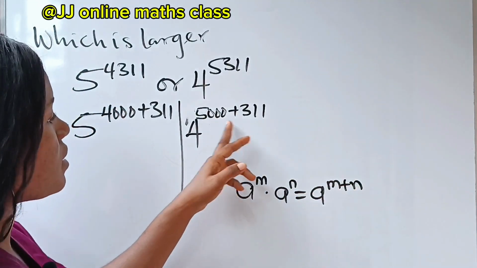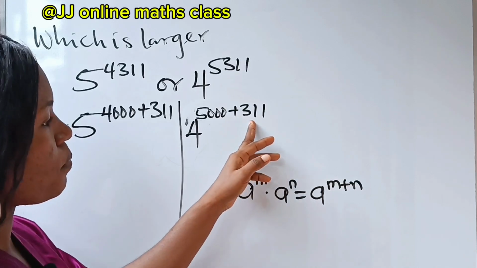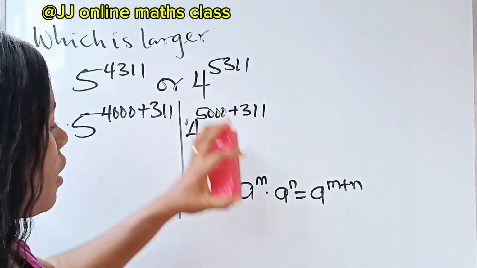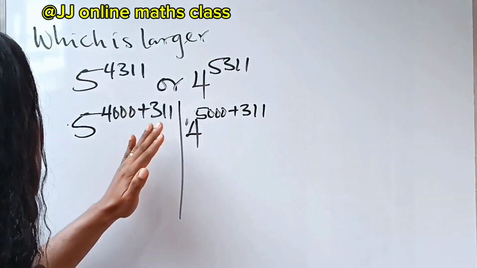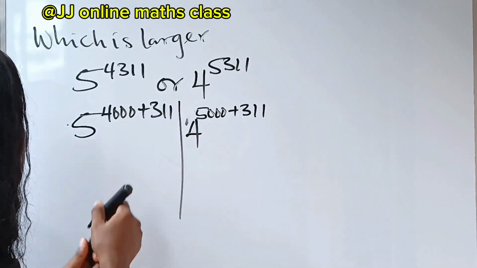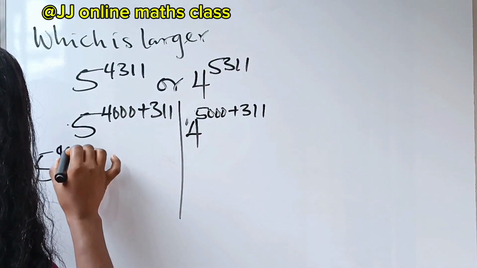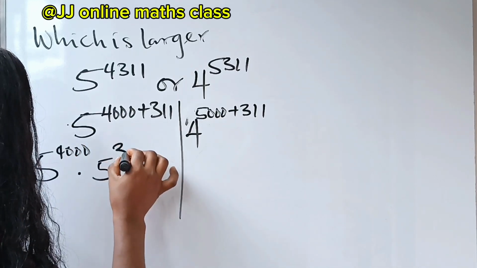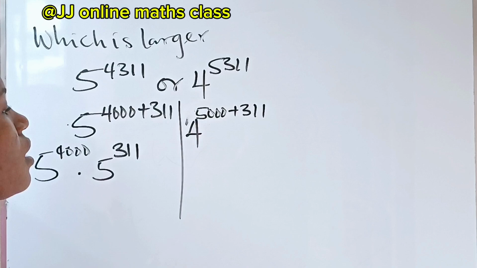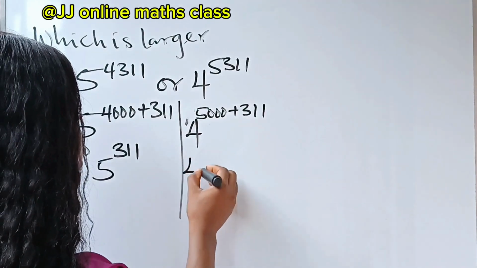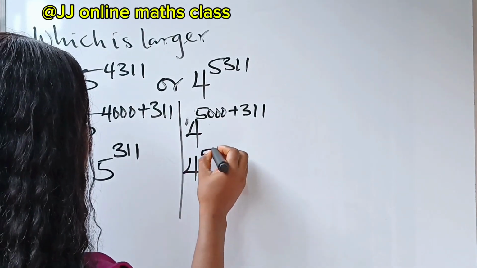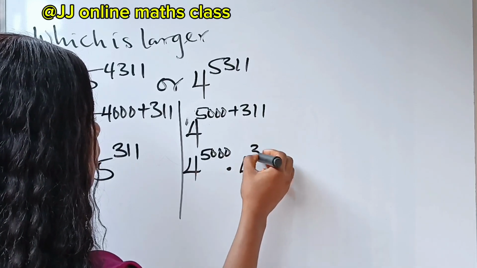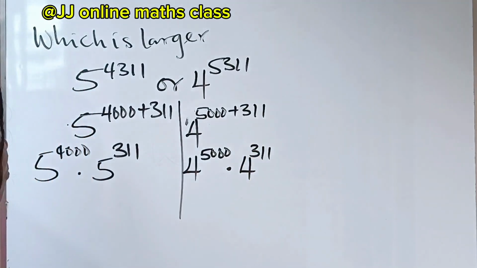Okay, so that means this can be separated. Yes, you can separate this using this as the base. If we apply that here, this side becomes 5 to the power of 4,000 multiplied by 5 to the power of 311. Then similarly, this side becomes 4 to the power of 5,000 multiplied by 4 to the power of 311.